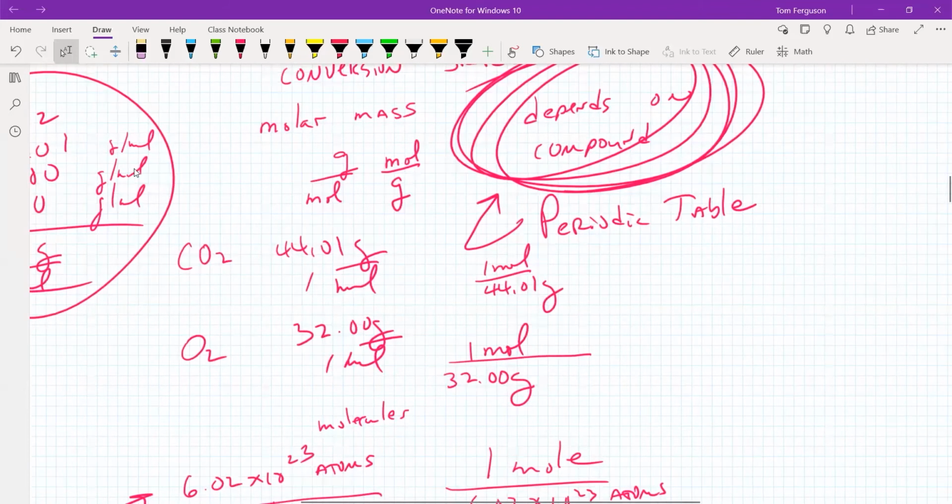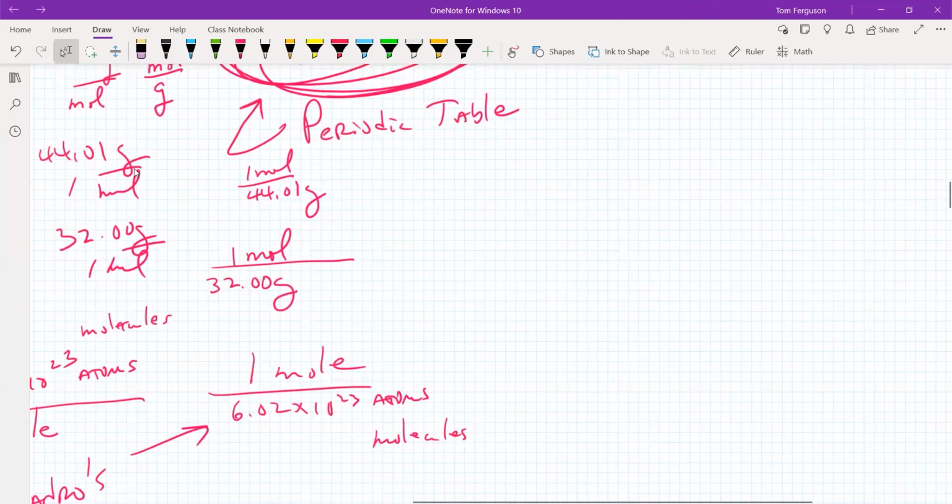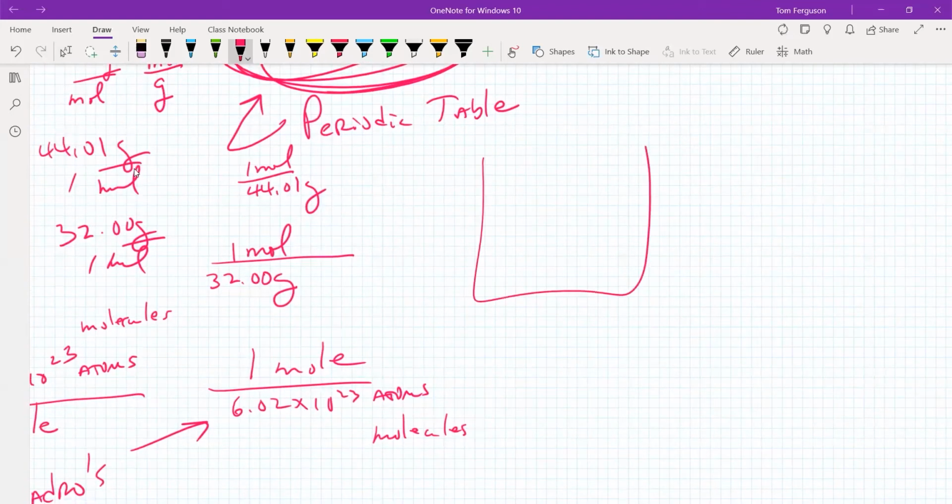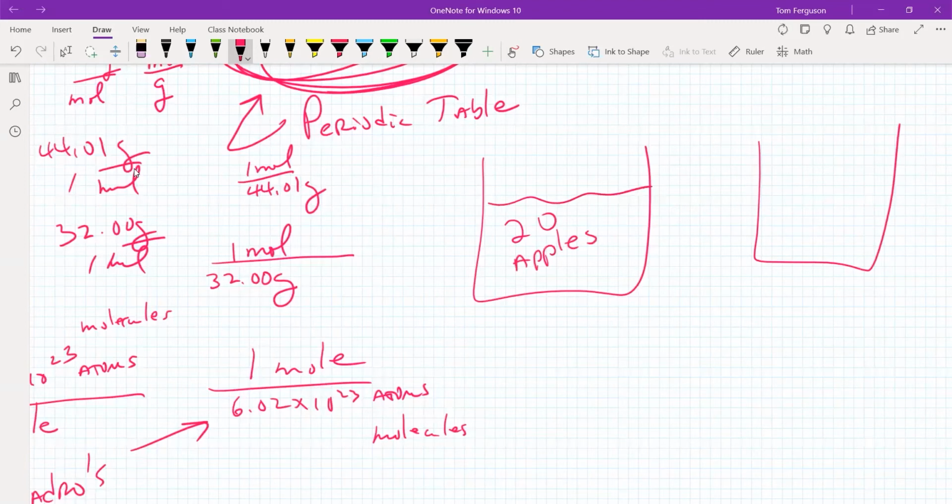For example, if we had a bowl of 20 apples and 20 grapes, the number is the same. Do they weigh the same? No. Exactly. Why?